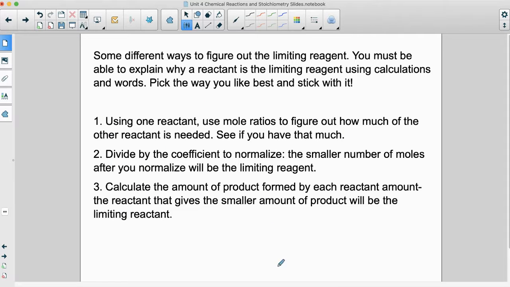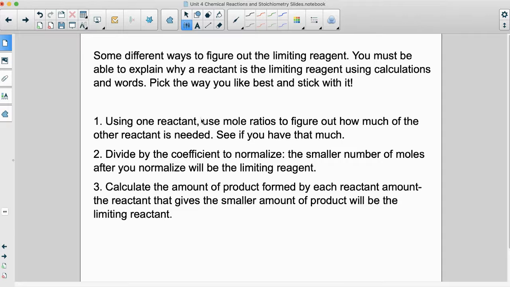In figuring out the limiting reactant, there are three main ways that you can figure out which thing is the limiting reactant. I would say pick one of these ways and stick with it, get proficient at one. As long as one works, that's all you need. You should be able to explain which thing is the limiting reactant using your calculations and words.